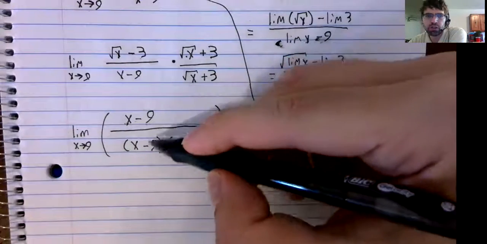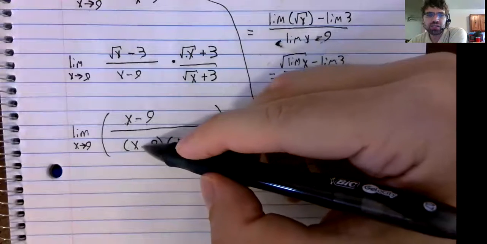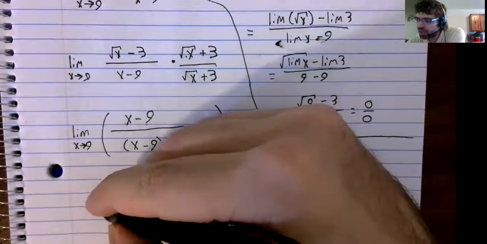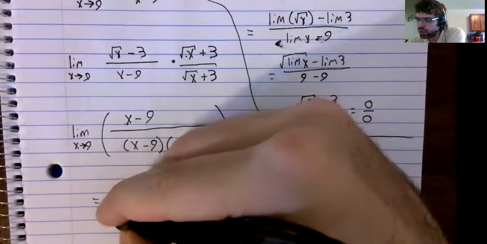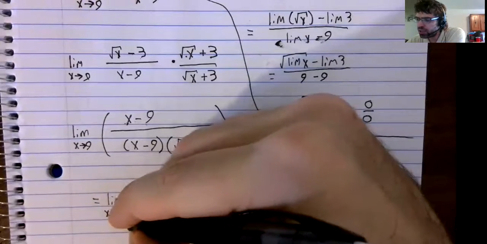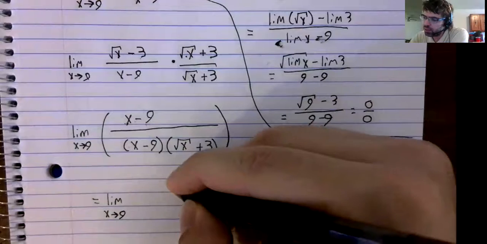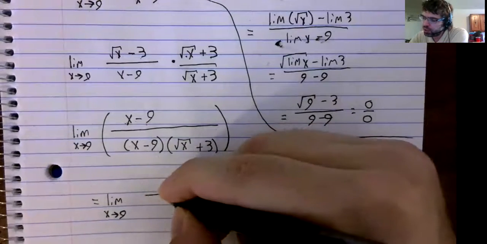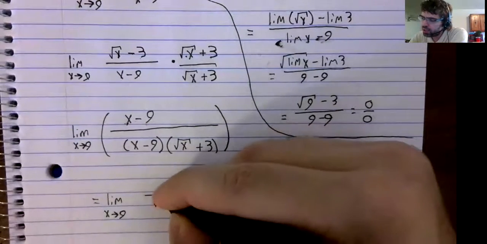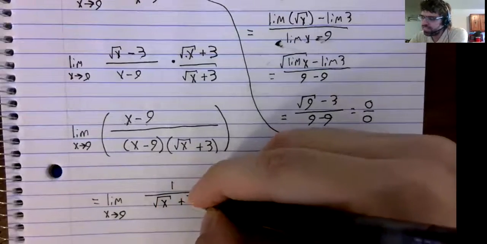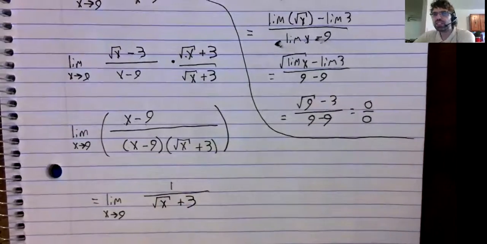The numerator and this x minus 9 cancel, and we get the limit as x approaches 9 of 1 divided by the square root of x plus 3.